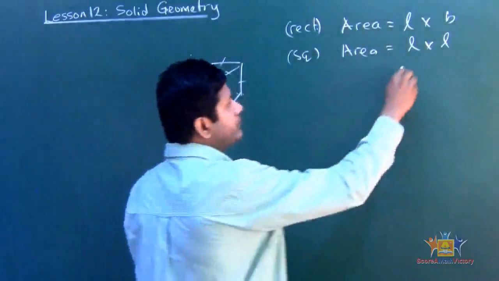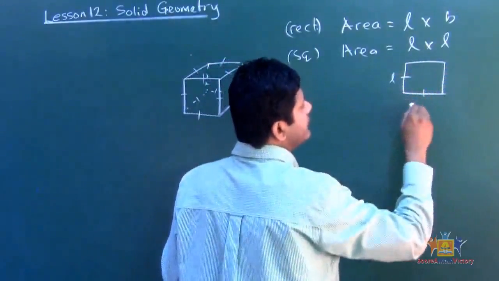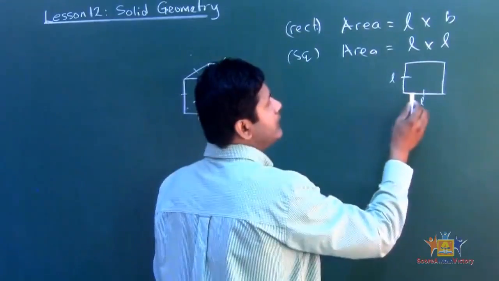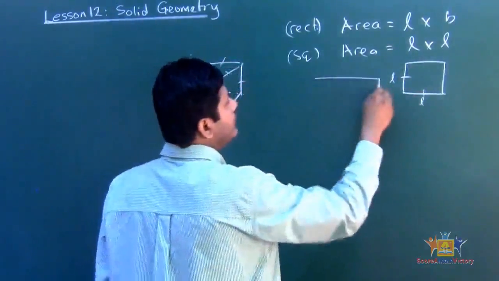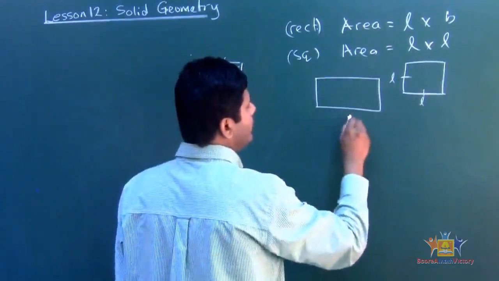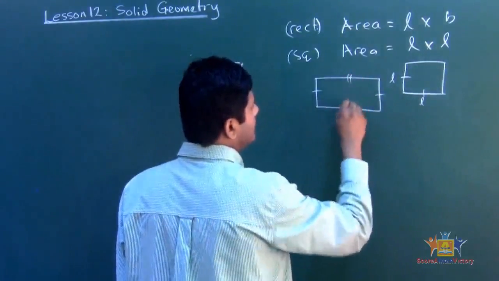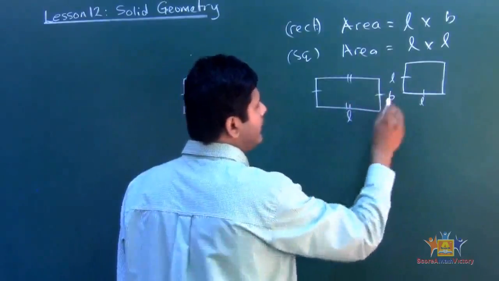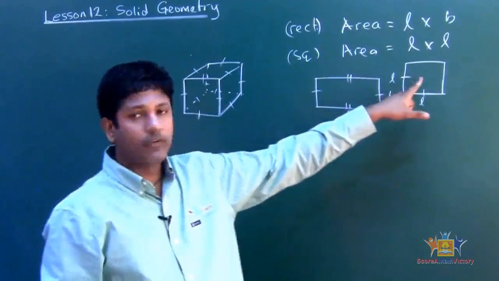If this is a length and this is a length, then length times length is the area. If it's a rectangle, this is the length and this is the breadth, so length times breadth gives the area of a rectangle, and this is the area for the square.